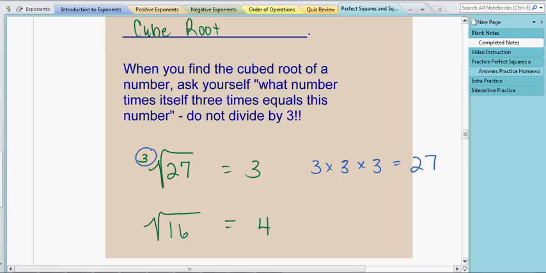Therefore, the cube root, or third root of 27 is 3. And in the next problem, we're saying that if we take 4 and multiply it twice, we'll get 16. So the second root, or square root of 16, is 4. Square root is so common, we don't put the 2 where we normally list what root we're working with. Only if you're dealing with a third root, fourth root, etc., do we write that in.